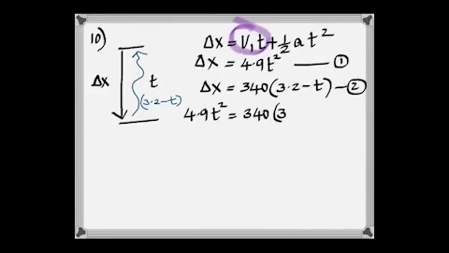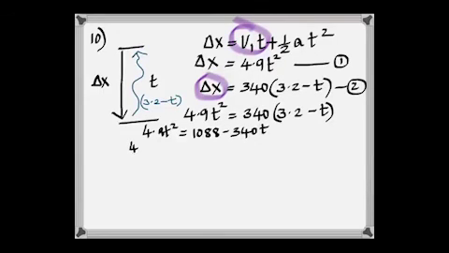I decided to substitute for this delta x here, and that becomes another quadratic equation. Third time. Got to be really careful on this. I struggled on this because I was not getting the answer. I had missed the sign.